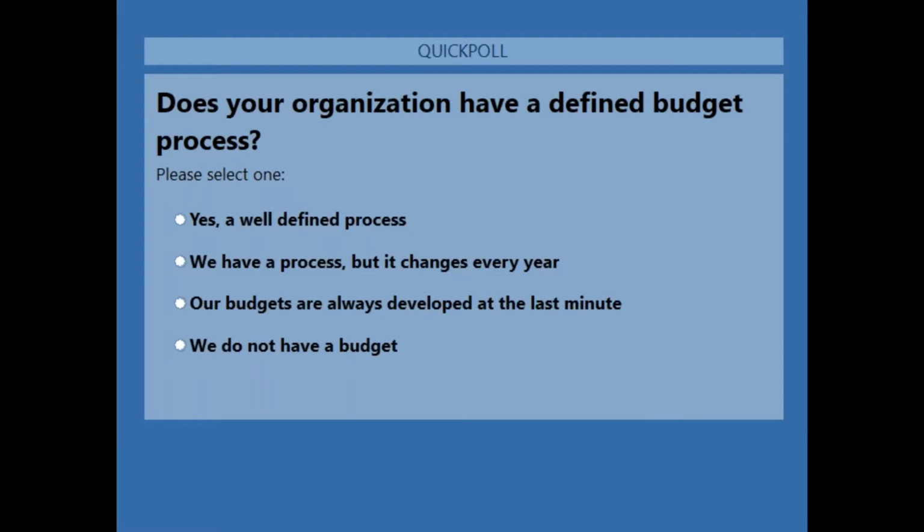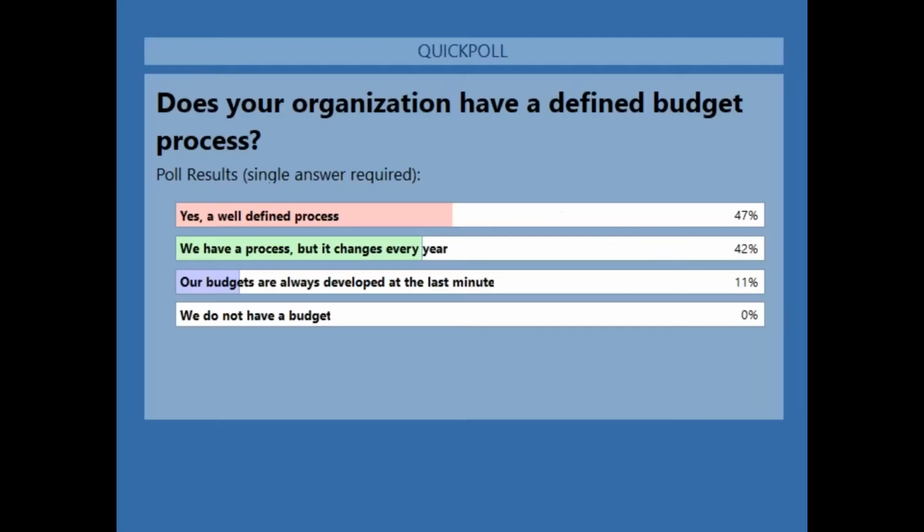Are your supervisors always asking for money? Are you always asking your IT staff for the budget at the last minute? Or do you just not operate out of a budget? That's also a possible option. So we'll just give you a minute here to respond to the poll.